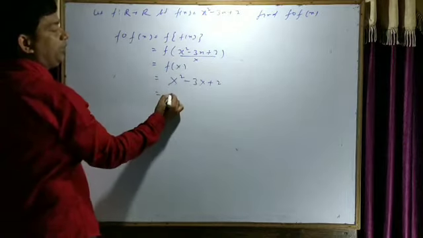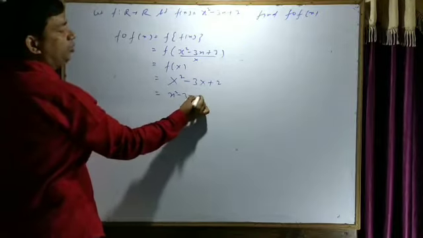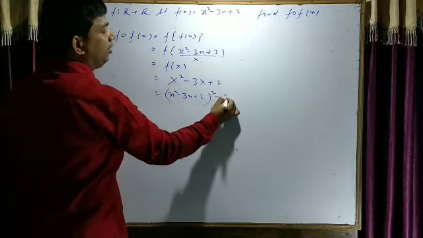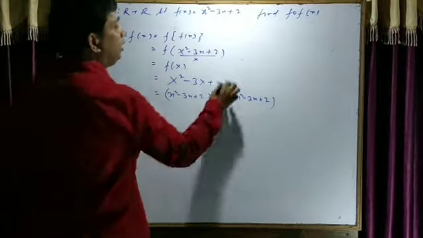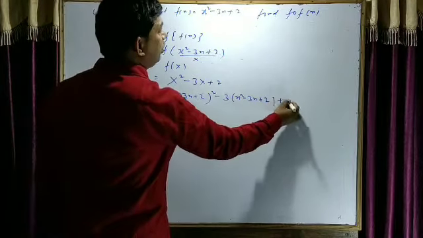In place of capital X, we write x square minus 3x plus 2 whole square minus 3 times x square minus 3x plus 2, and then plus 2.